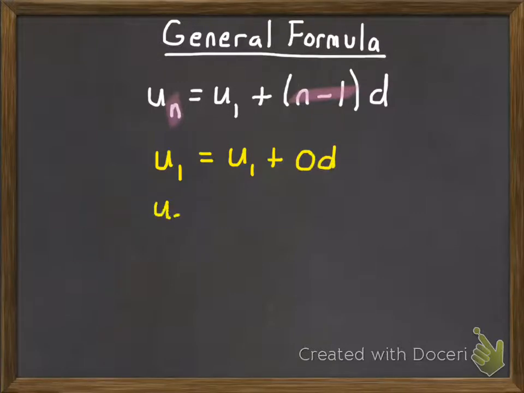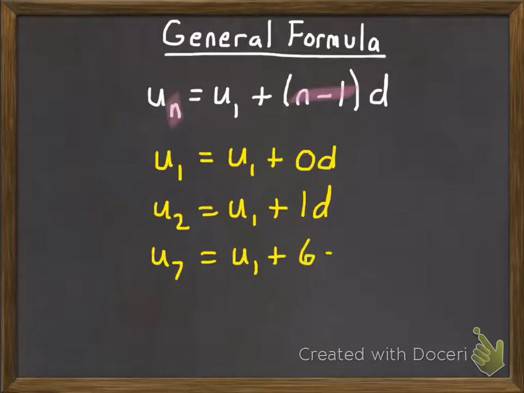You want to find the second term, you take the first term and you add the common difference 1 time. If you want to find the 7th term, you would take the first term and you would add the common difference 6 times. Now we can also apply this in many various ways, but I think you figured it out. Take whatever the term number is, and add the common difference 1 fewer times than that to the first term.